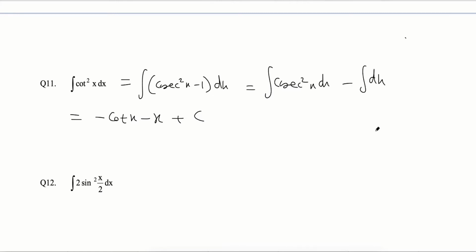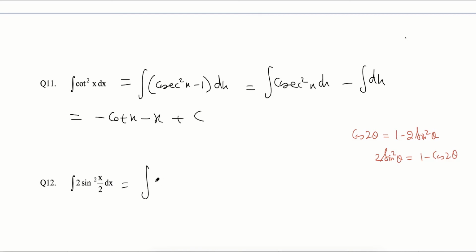Do you remember the formula? Cos 2 theta, I told you, I can write as 1 minus 2 sine square theta. So from here, 2 sine square theta is 1 minus cos 2 theta. Correct? So 2 sine square x by 2, in place of theta, that is x by 2. Simple, straightforward.